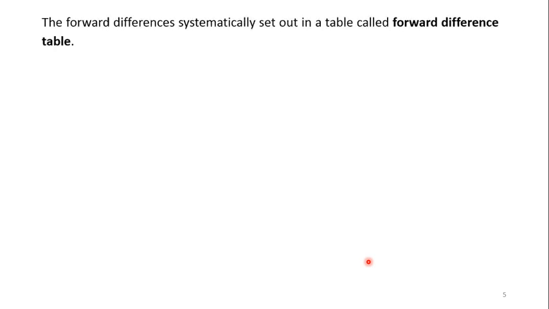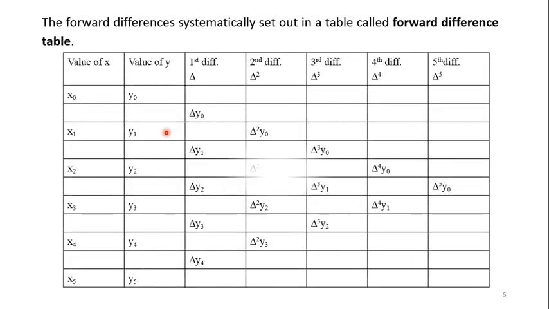The forward differences systematically set out in a table are called a forward difference table. So we can represent all the various orders of forward difference in tabular form. Suppose we have x0, x1, x2, x3, x4, x5, that is 1, 2, 3, 4, 5, 6, as independent values which you call arguments.